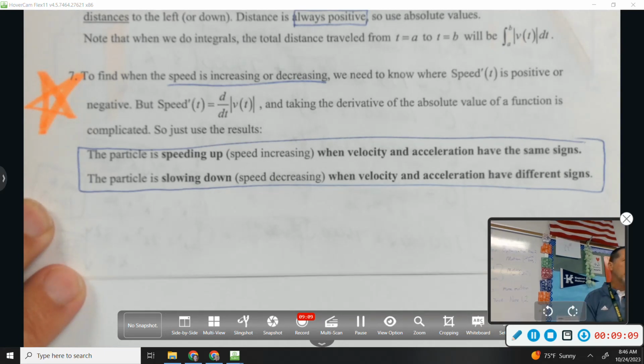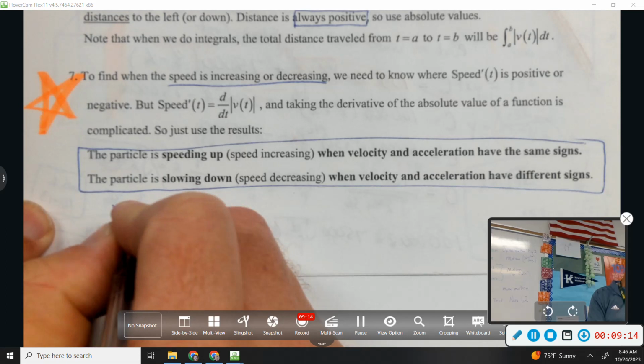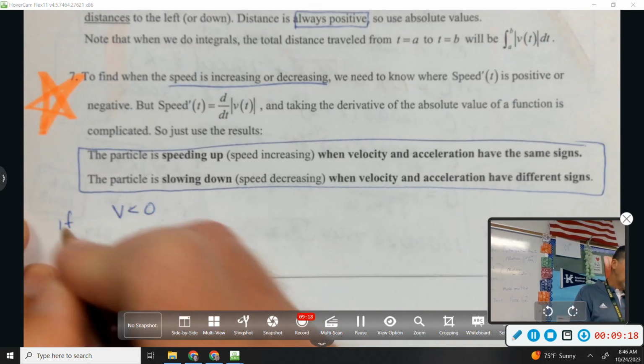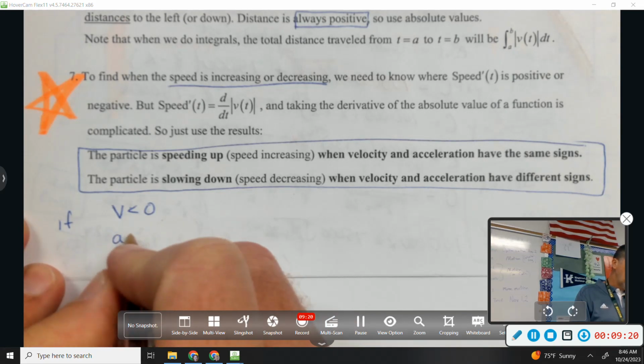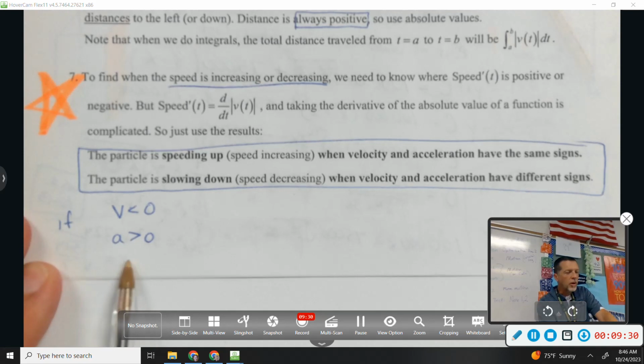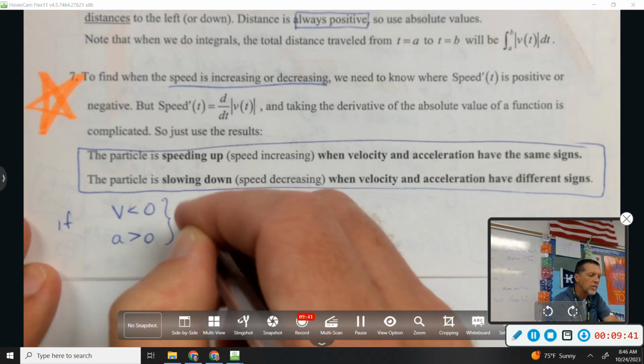What's tricky is if velocity is negative, so you're going backwards, and your acceleration is positive, so your change in velocity is headed in the right direction. That means you're going from negative 12 to negative 9 to negative 6 to negative 3. Acceleration is positive. That would mean you're slowing down.